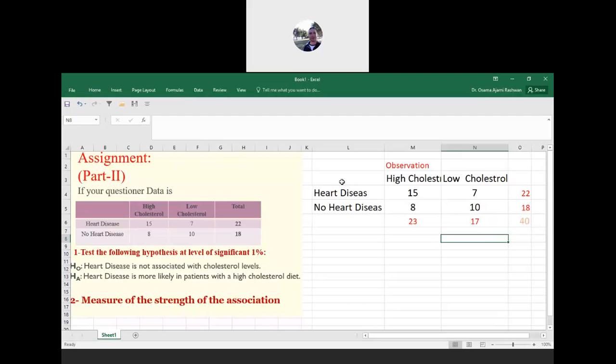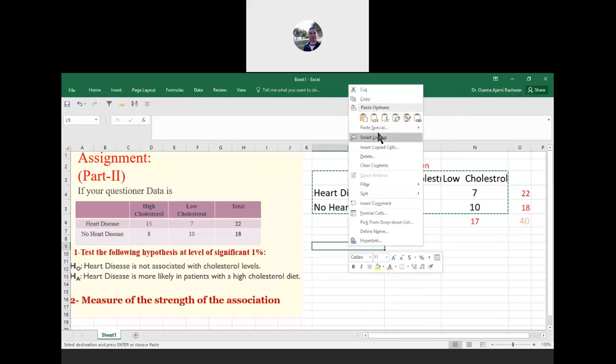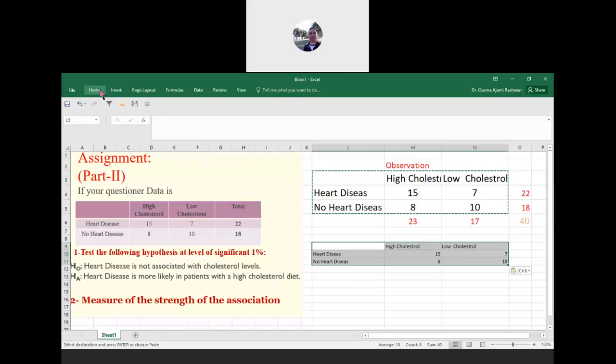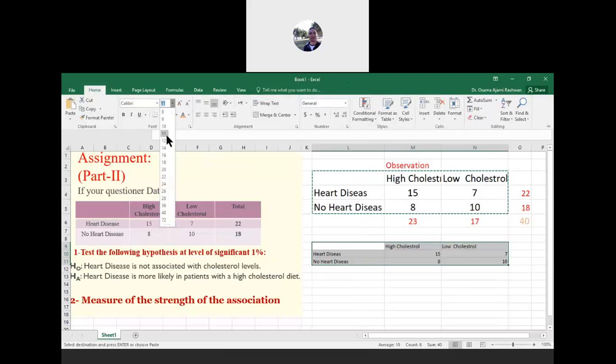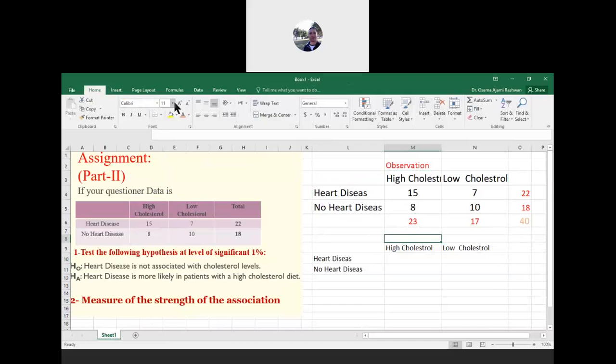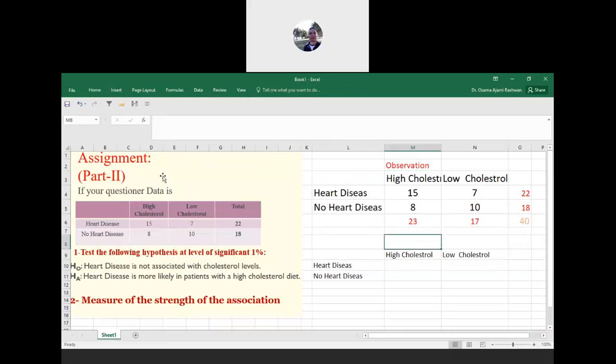So I'll have the same table here, Control C, and I'm using this type to have the same format. Now, this one will be the expectation, so I call it FE, and this is the observation, FO, right?